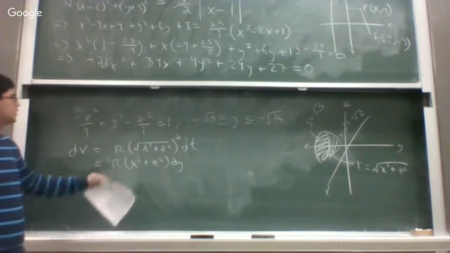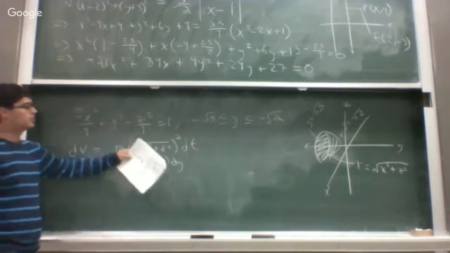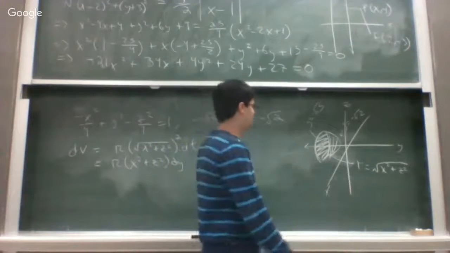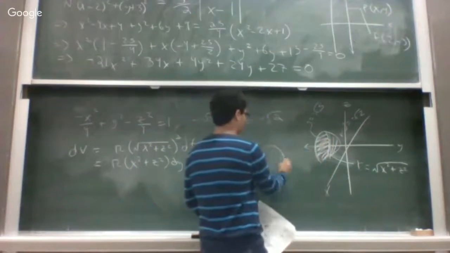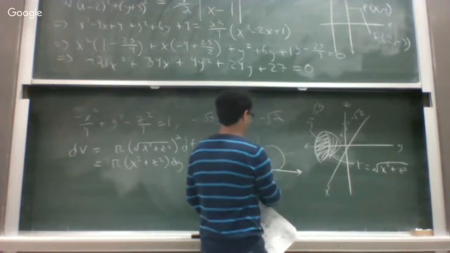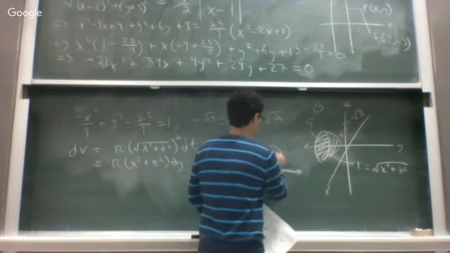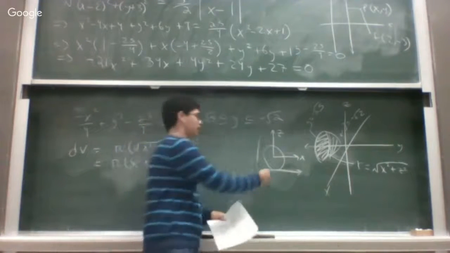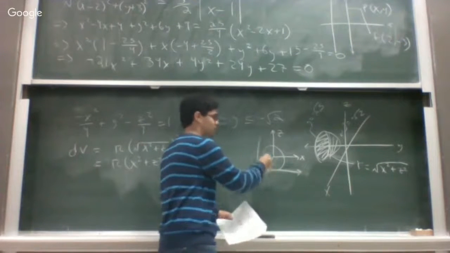You're not putting a 0 in here to get this formula. This is just looking at it and seeing we have a circle here in the x, z, and then y is coming outward.